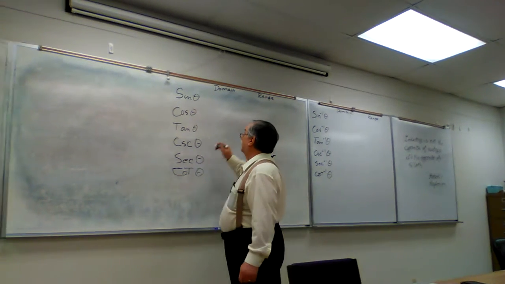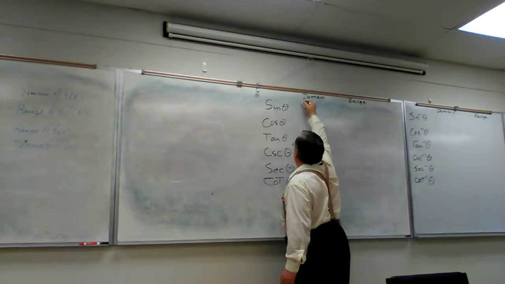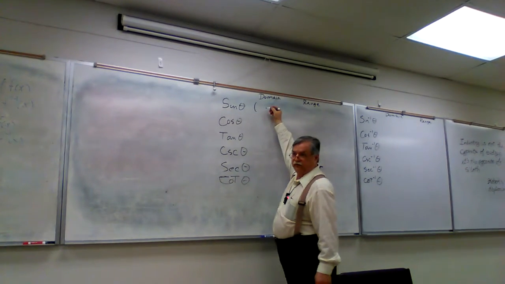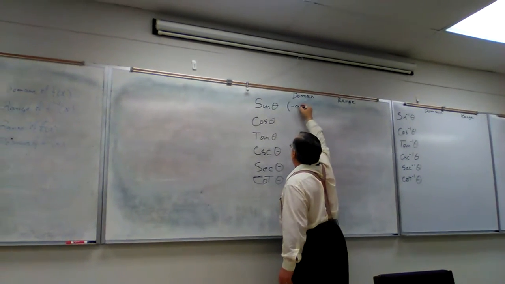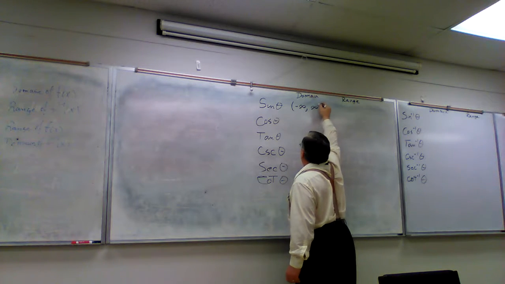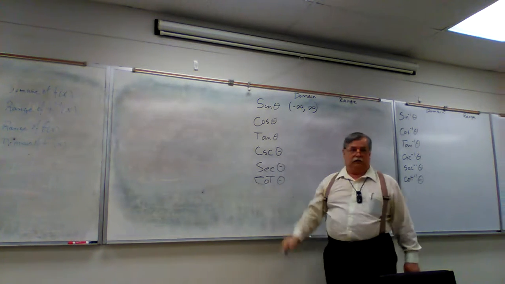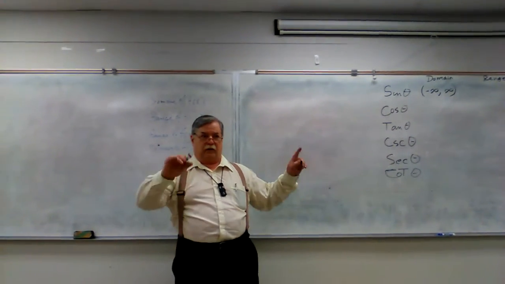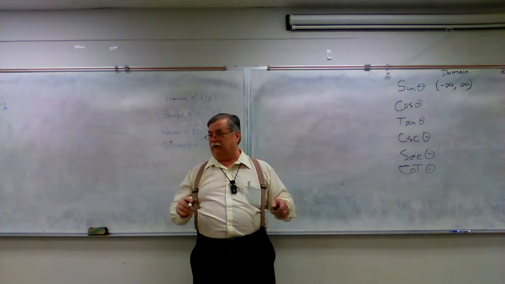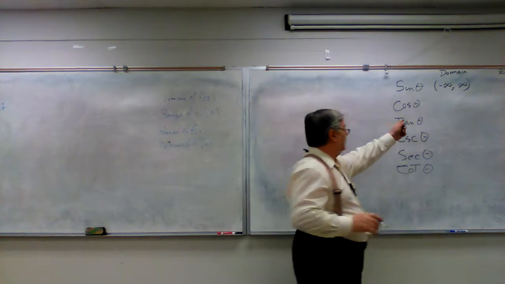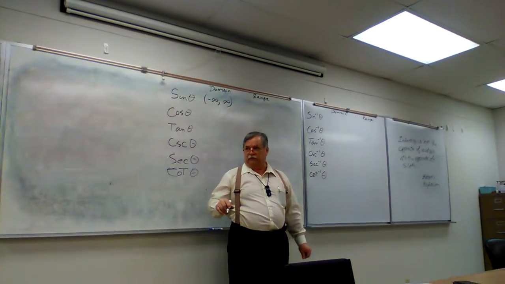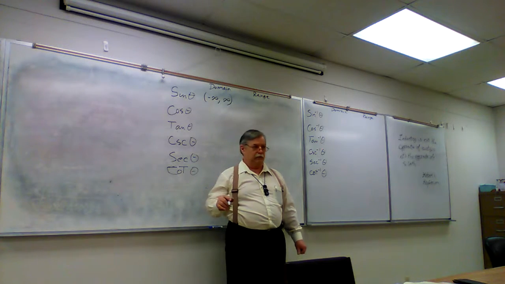Negative infinity to infinity, using the curved parentheses, because it's non-inclusive. You can never get to infinity, positive or negative. The parentheses mean that this is negative infinity to infinity, not inclusive of the endpoints.